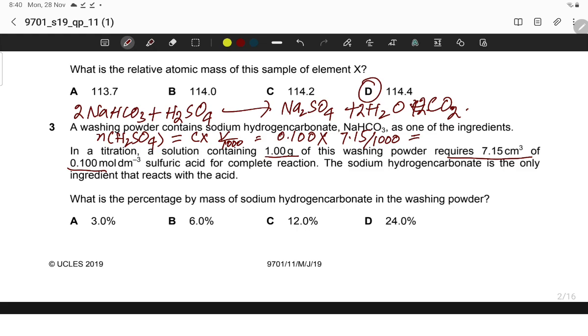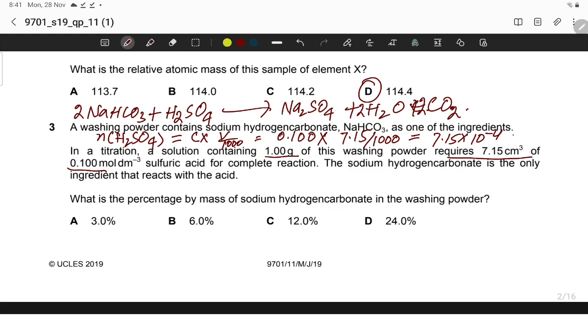This is equal to 7.15 into 10 raised to minus 4.